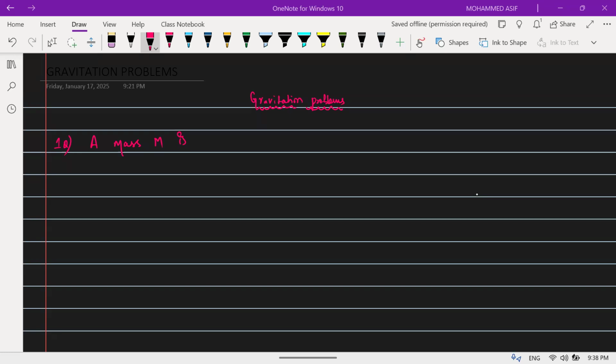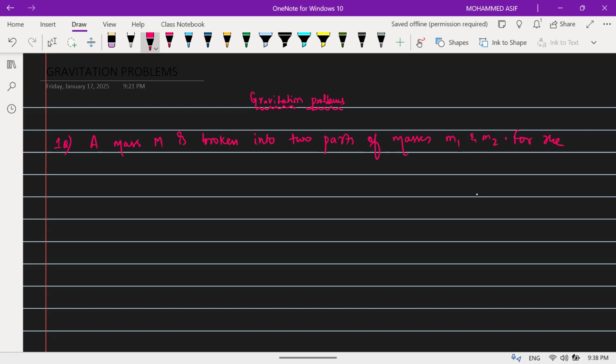First question. The mass of capital M is broken into two parts of masses M1 and M2.